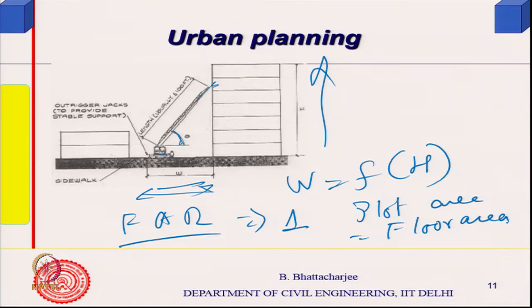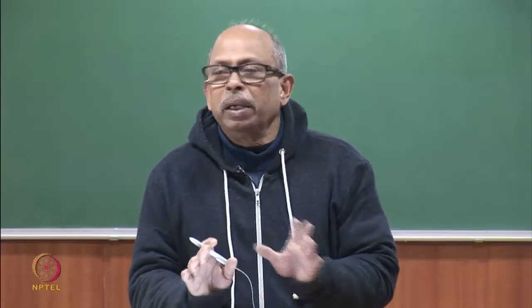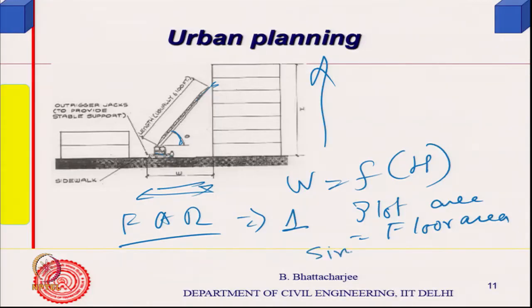Let us say we are saying floor area ratio is 1, I can't have more than that. So, that is for a single story building. For a 2-story building, what will be the floor area of each floor? It will be half.